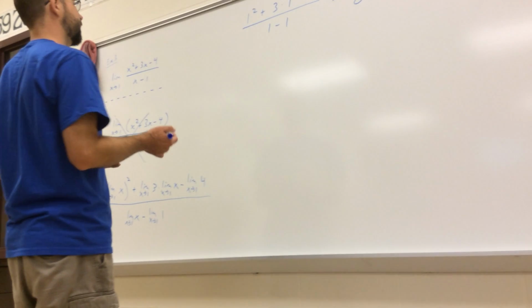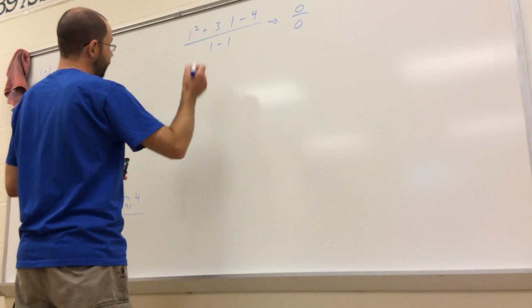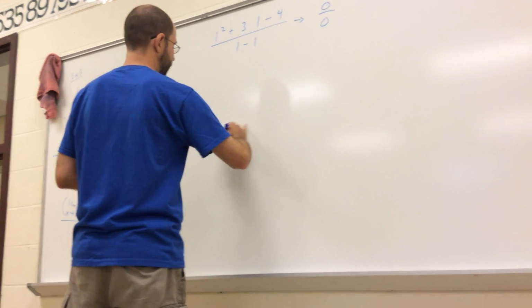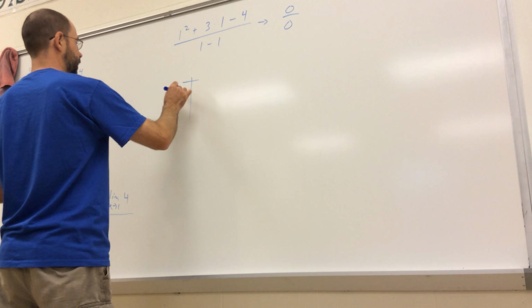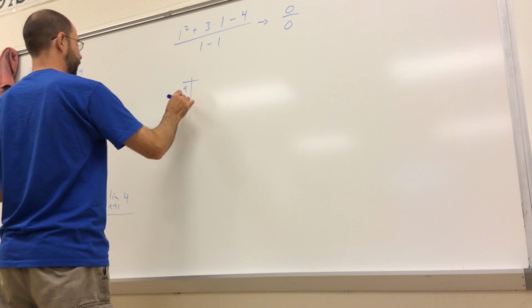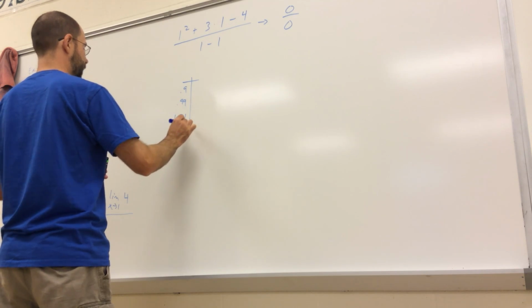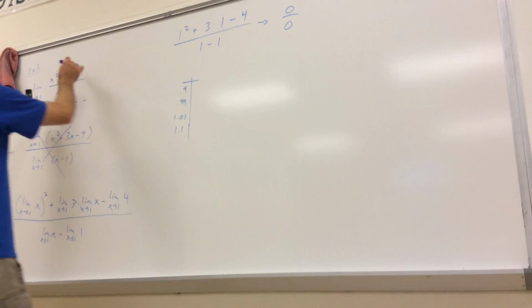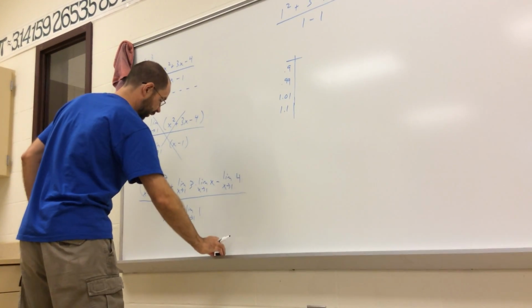So what that means is we have to make a table, because we only have 2 methods so far. All right, so we're going to just go ahead and plug in 0.9 and 0.99 and 1.1 and 1.01 into this function and see what they're getting close to. Go get my calculator.